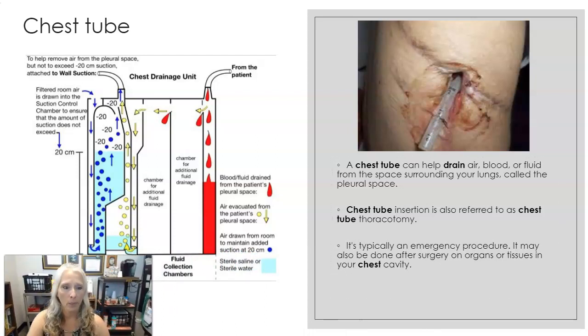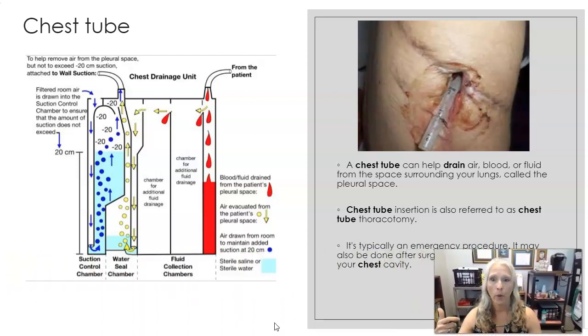It is an emergency procedure, or sometimes they put a chest tube in after surgery. So if the patient went in for a lobectomy because they had lung cancer, or any kind of open chest procedure, they might come out of surgery with a chest tube already placed.